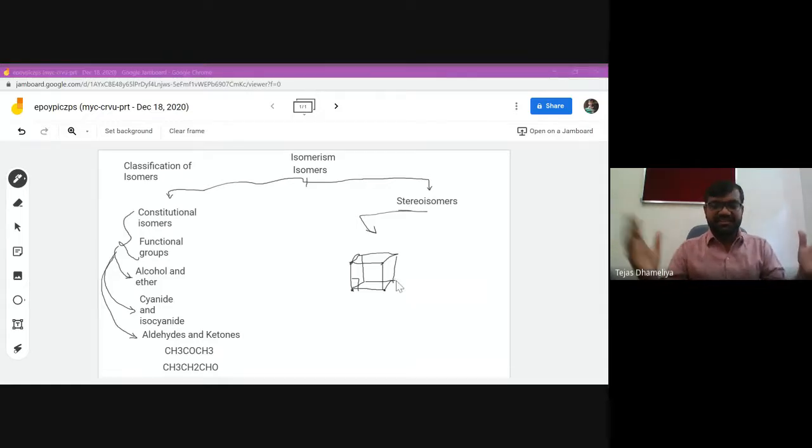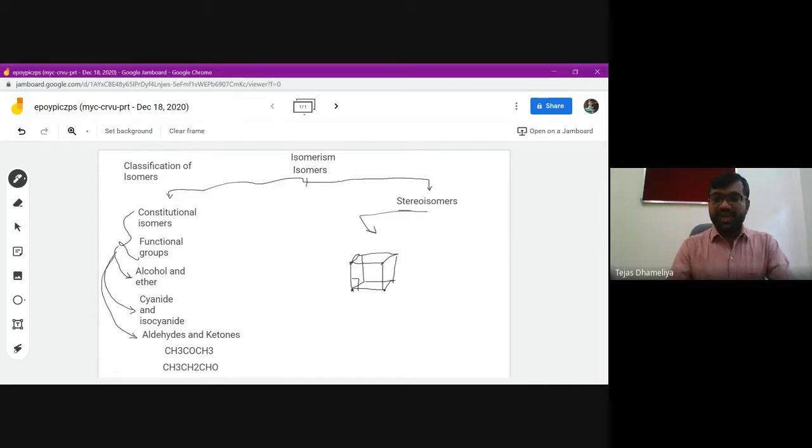It's a cubic dice, the kind used for playing indoor games like snakes and ladders. Now this cube is in three dimensions because it has length, breadth, and depth.